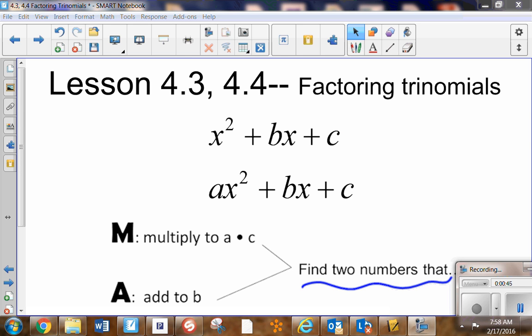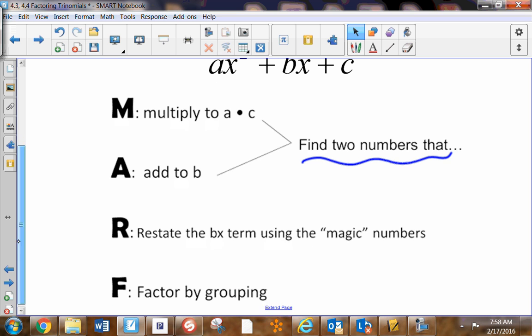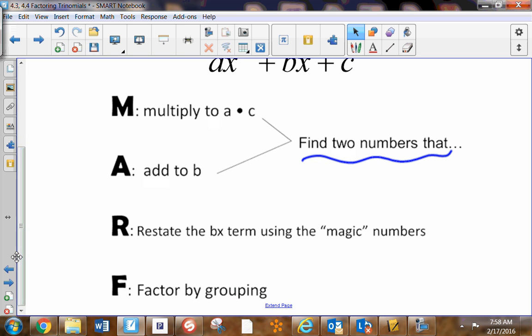There are a jillion ways that teachers use to teach this method of factoring. The one that I'm going to talk about right here is called MARF. Have you ever done the MARF method? There's a MARF method, and there are some others, like M-A-C, macking.